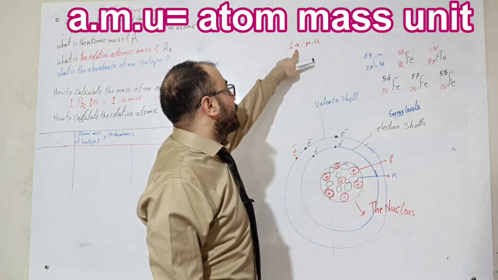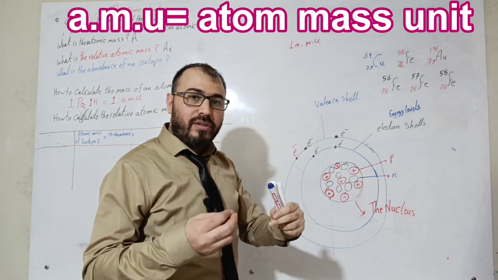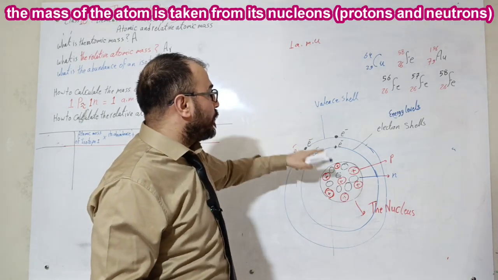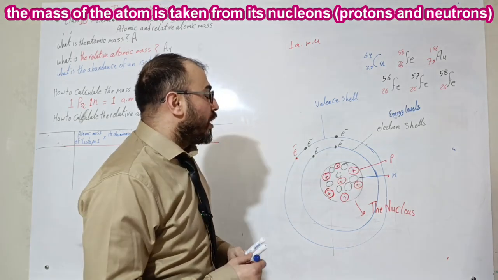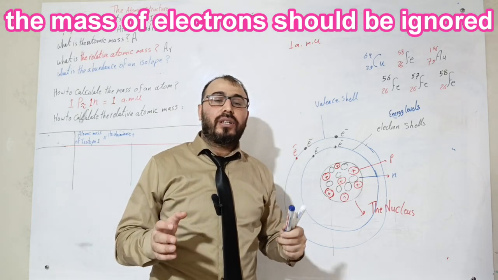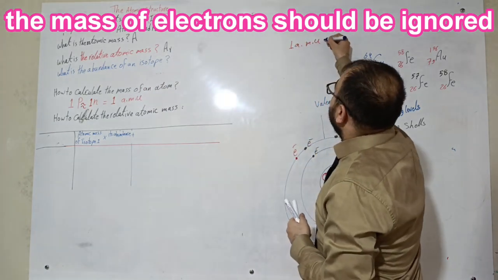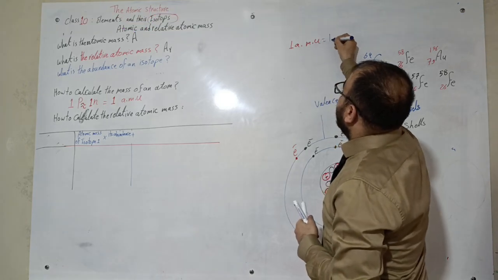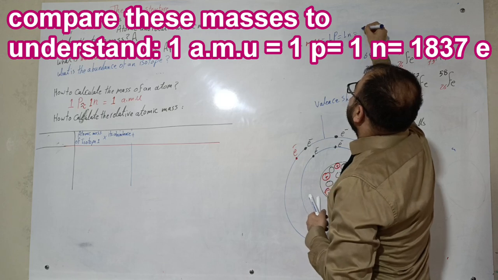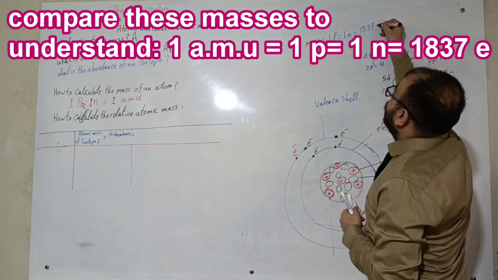Again, AMU stands for atomic mass unit. We said that if we want to calculate the atomic mass of any element in the world, we depend on the mass of the protons and neutrons, and we exclude the electrons from our calculations, because 1 AMU is equal to the mass of one proton, equals the mass of one neutron, equals the mass of 1,837 electrons.